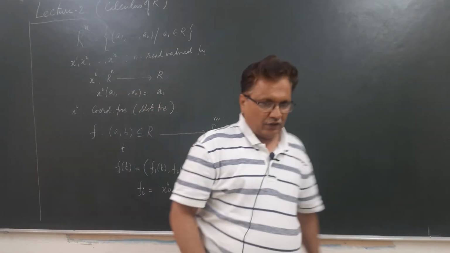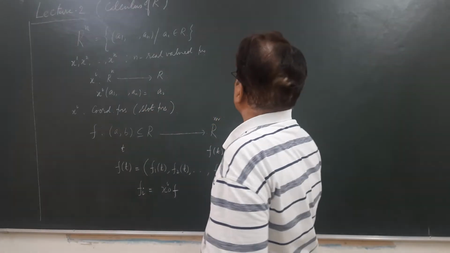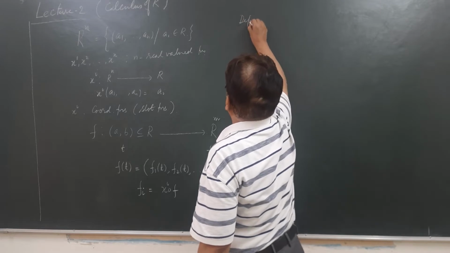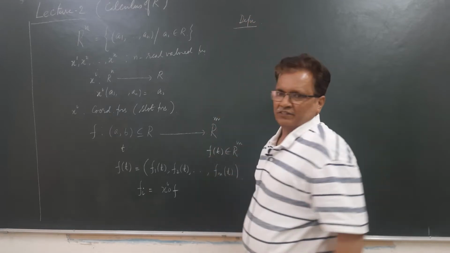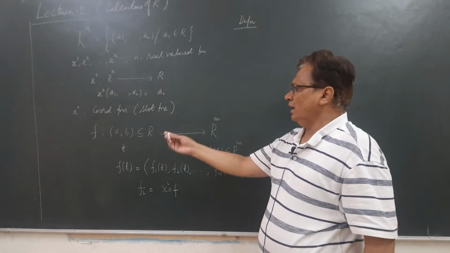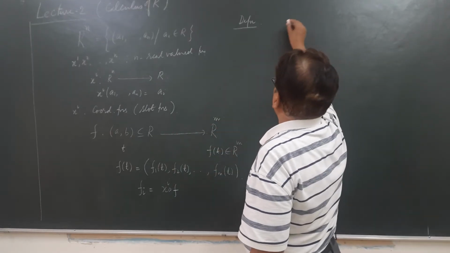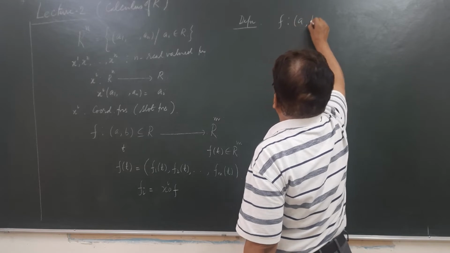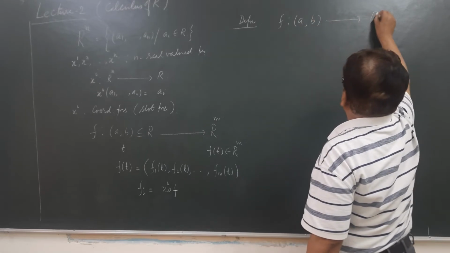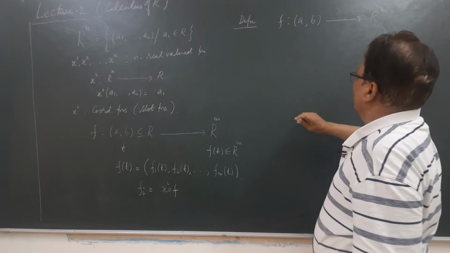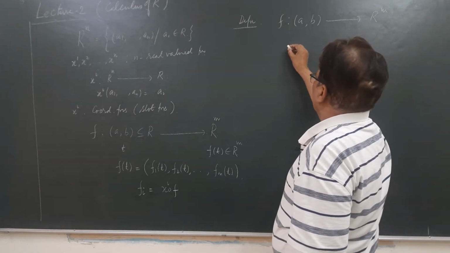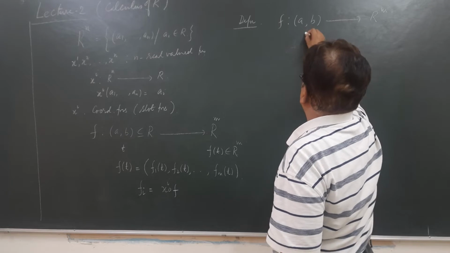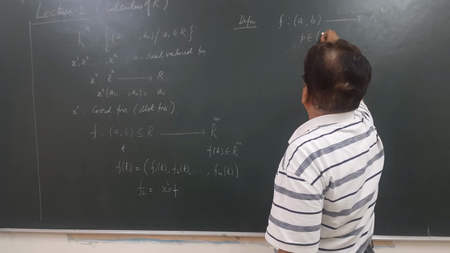All right. Now, come to the definition part. The definition is the same: the definition of the derivative of a function from R to Rm. If f is a function from an interval (a, b) into Rm, suppose p is any point in (a, b).